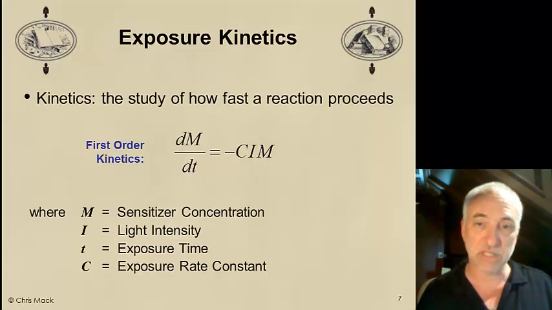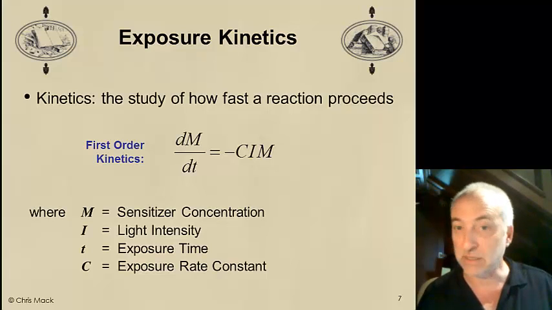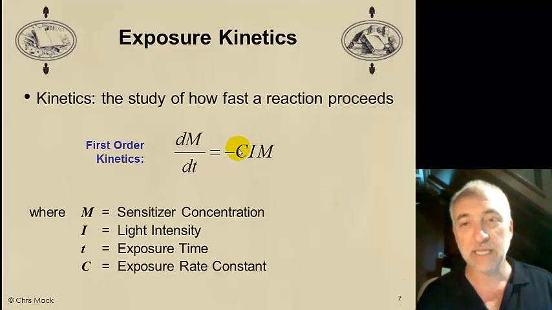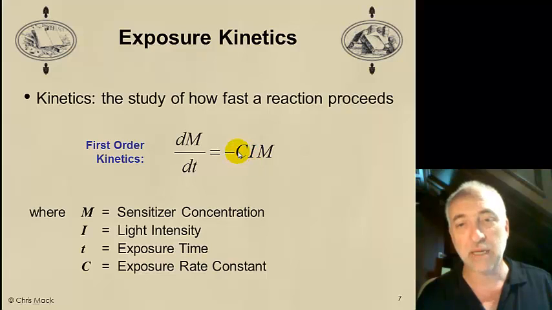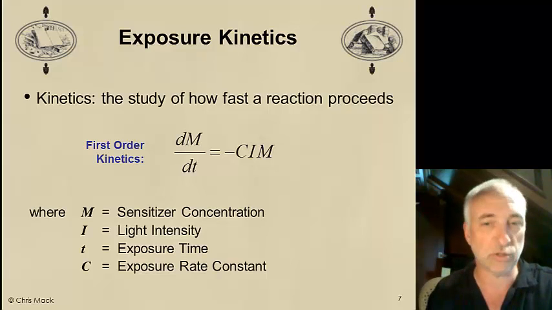It's first order in the sensitizer concentration. It's also first order in the light intensity. That is, it's proportional to the intensity of light to the first power as well. Then we turn our proportionality into an equality by throwing in a constant called the rate constant, and I'll use the letter C to represent the exposure rate constant.